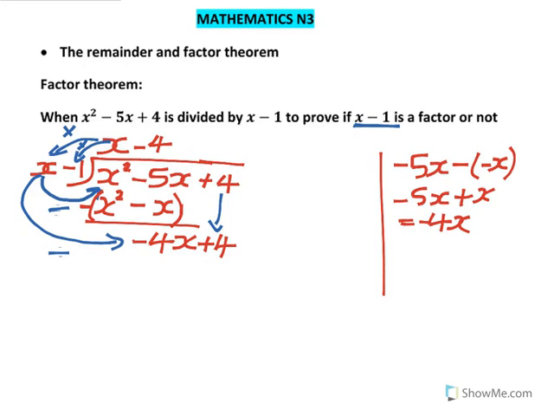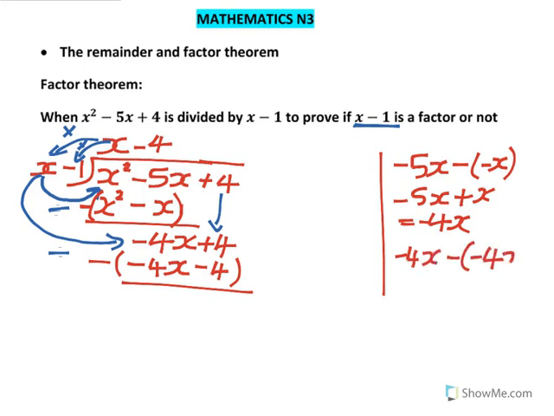Minus 4 times x gives minus 4x, and minus 4 times minus 1 is plus 4. After that, you subtract like you did previously. Minus 4x plus 4x is 0.